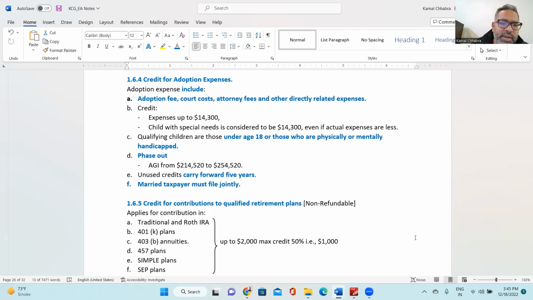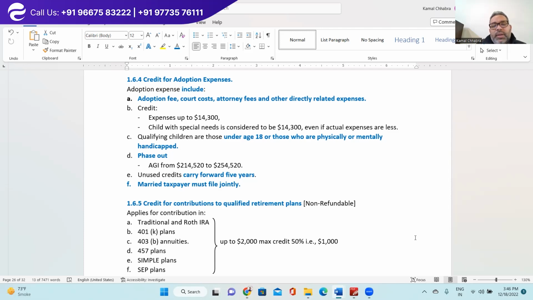So the credit is for expenses up to $14,300. And if the child has special needs, then it is considered to be $14,300 flat, even if the actual expenses are less. So if you are adopting any child, the maximum tax credit is $14,300 or the actual expenditure you have incurred, whichever is lower. But if you are adopting a child with special needs, then a flat $14,300 is allowed, right?